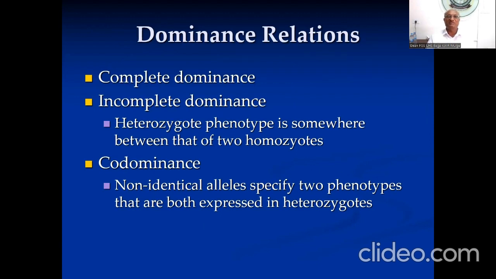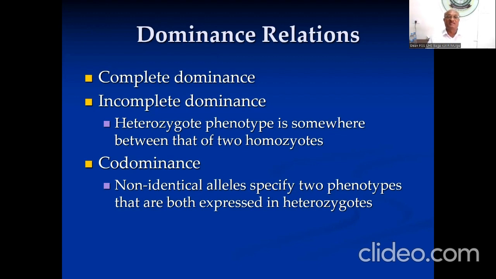Whereas incomplete dominance means the heterozygous phenotype is somewhere between that of the two homozygous. So homozygous dominant and homozygous recessive have two phenotypes. If it is complete, the pink is dominant and F1 will be pink. But here, if it is incomplete, you get a shade of that pink. So that is incomplete dominance.